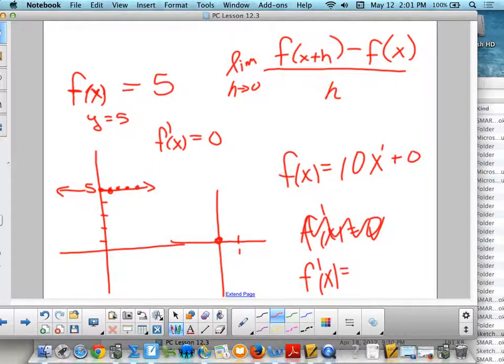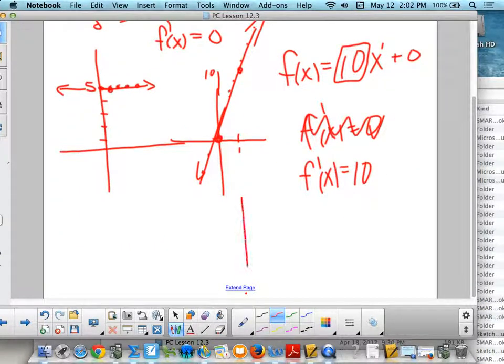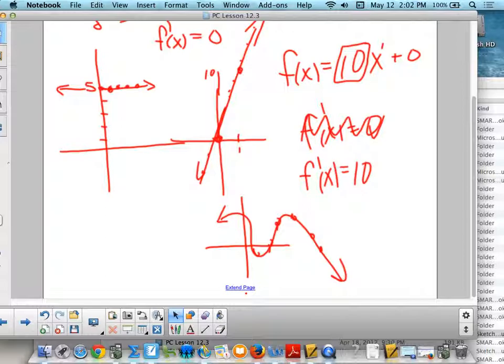Go over 1, go up 10. So this is the line. What's the slope at any point on a line? The slope never changes on a line. So the derivative is 10. The slope is always 10. But when can't you just do that? When you get any kind of non-linear function, the slope changes. And that's why you look for the formula. The formula is everything.